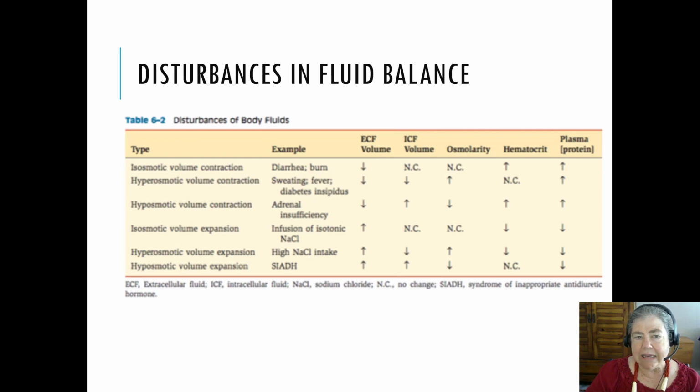So if you can't make ADH, you lose tons of water. And that's called diabetes insipidus. And in this case, your extracellular volume goes down, but because you're losing water in excess of salt, your osmolality goes up, and therefore water is going to move out of the intracellular compartment into the extracellular compartment to try to equilibrate this loss. You won't have much of a change in hematocrit.